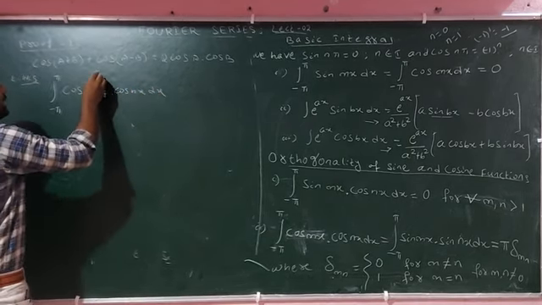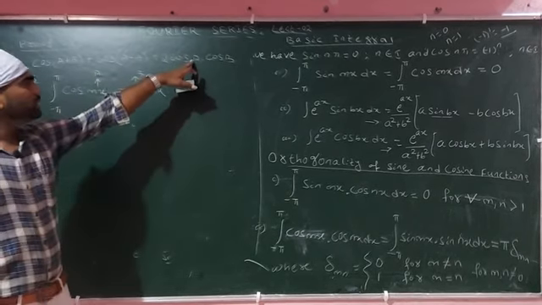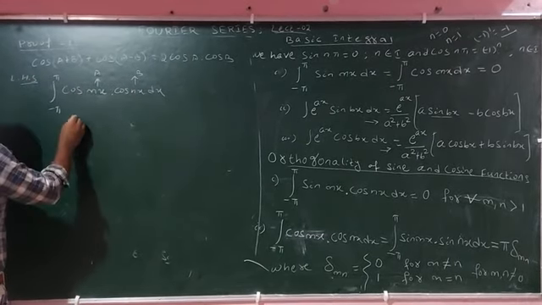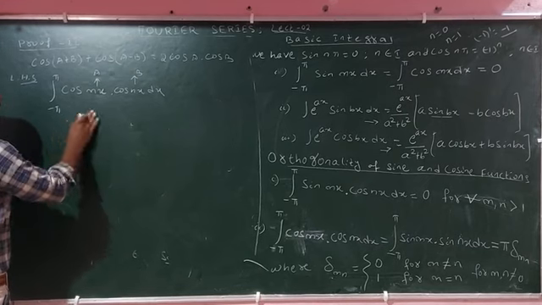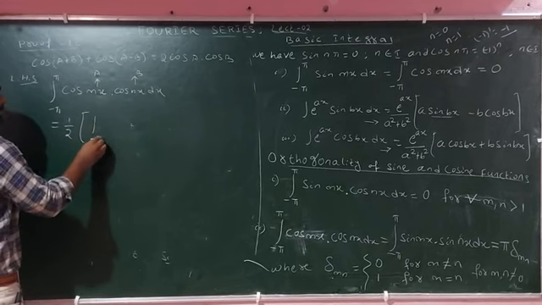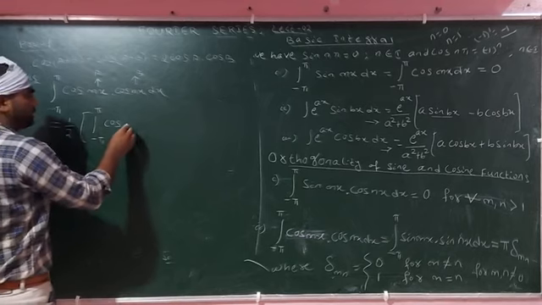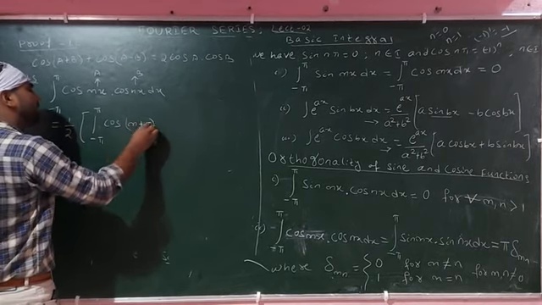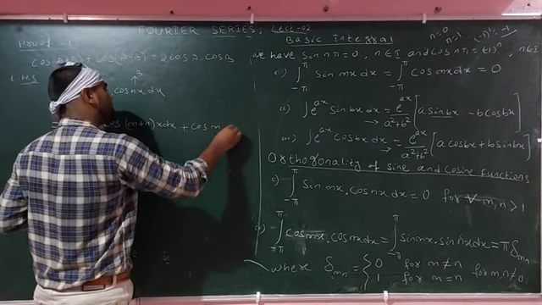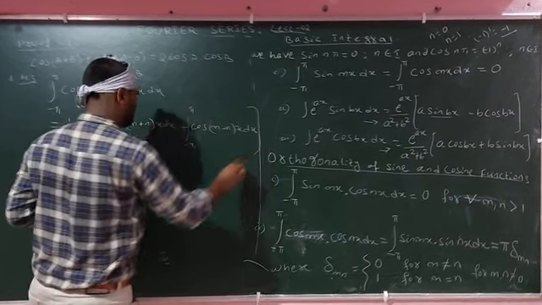Let us put a as mx and b as nx. Then we have 1 by 2 times the integration from minus pi to pi of cos(m plus n)x dx plus cos(m minus n)x dx.